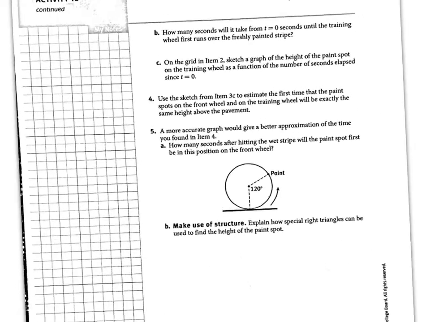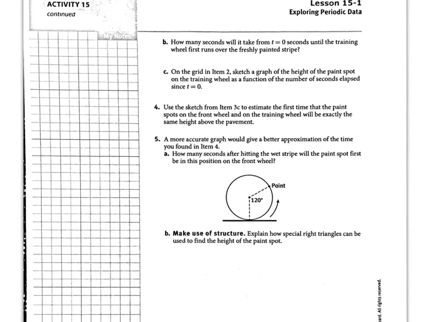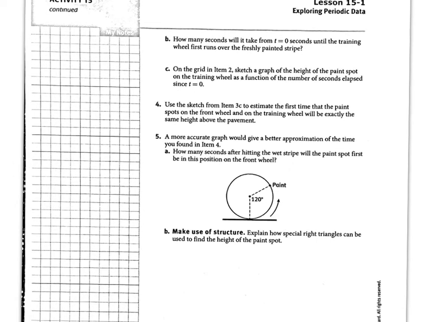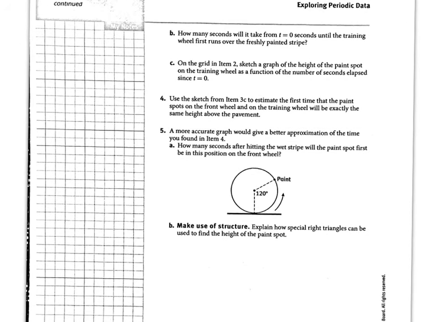So we go around. How many seconds will it take from t equals 0 to when the training wheel first runs over the freshly painted stripe? That's kind of important to know. If you recall, the big wheel to the little wheel, I know we just moved that, was 36 inches. So we know that it's going to go 6 pi in 1 second.